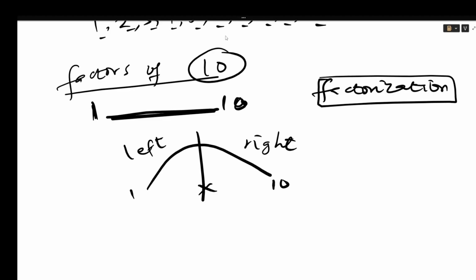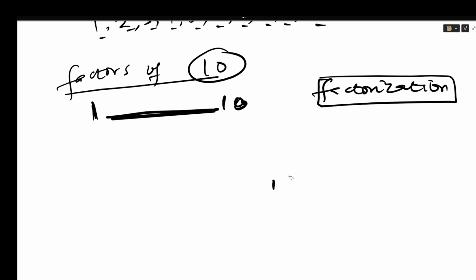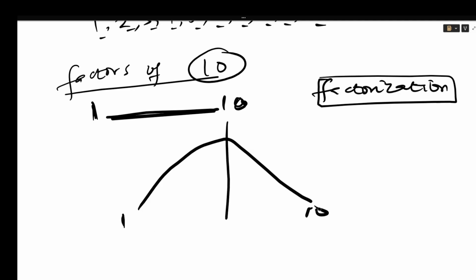So if you have a hill, we have the left side and the right side. If you pick 1 and 10, if I pick 1 and multiply by 10, I should get back my 10. After 1, we try with 2. Yes, and 2 can divide 10 5 times.